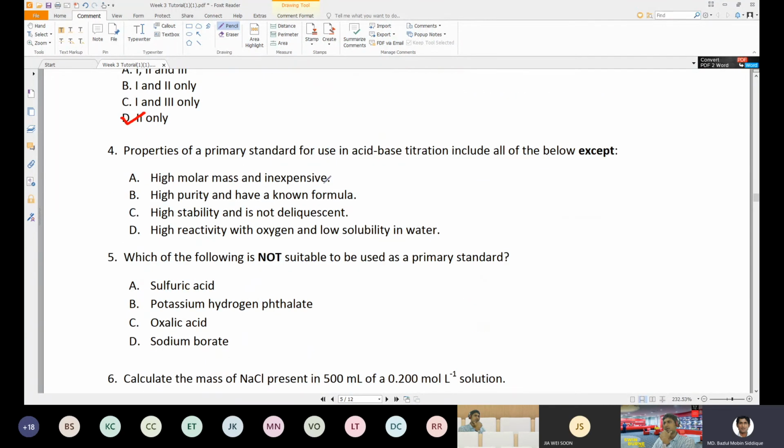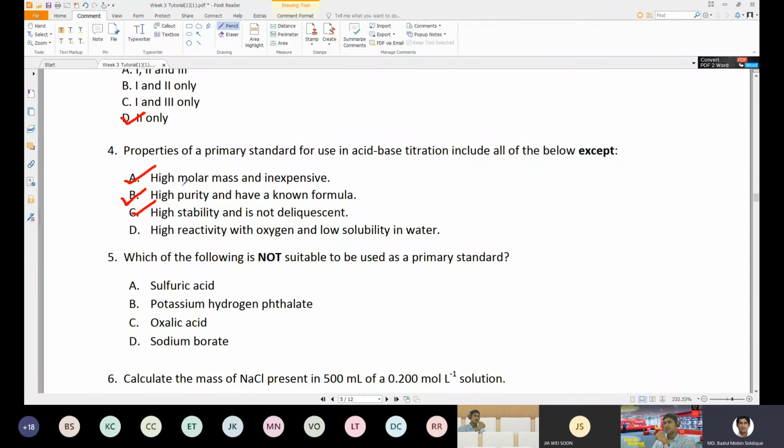Question number 4. Properties of a primary standard for use in acid-base titration include all of the below except one. A primary standard should have high molar mass and be inexpensive. It should have high purity and a known formula. It should have high stability and should not be deliquescent, or should not absorb water from the air.